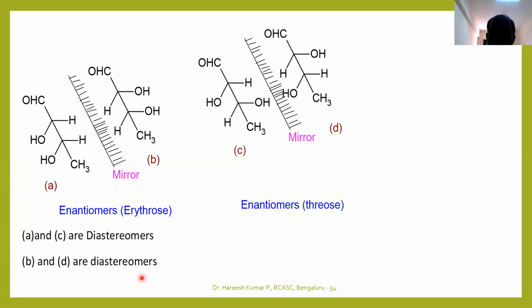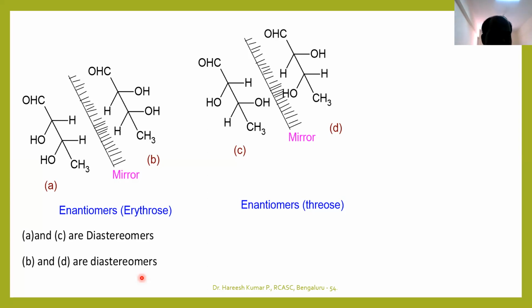Non-superimposable, not mirror images, are called diastereomers. Not mirror images means diastereomers. Mirror images means enantiomers. That you need to remember.